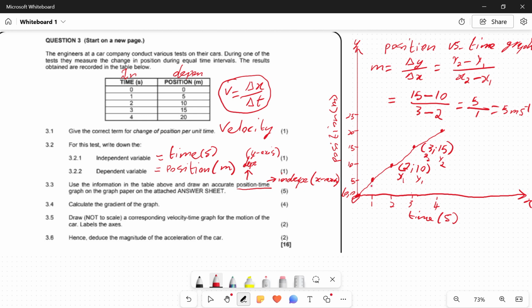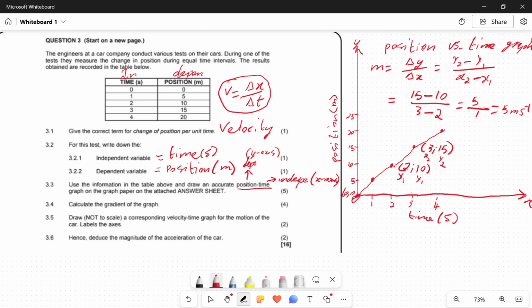What do we know about velocity when we have a straight line like this on a position versus time graph? Our velocity is constant. The straight line means we have a constant gradient, which means constant velocity.